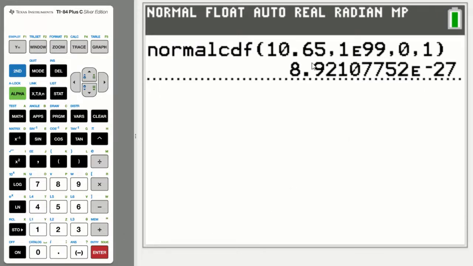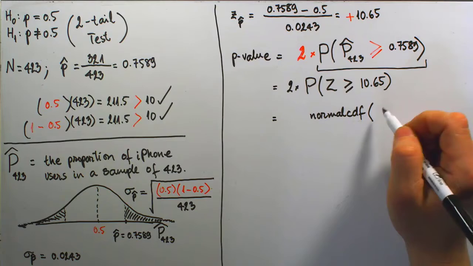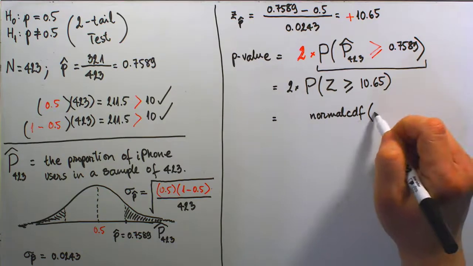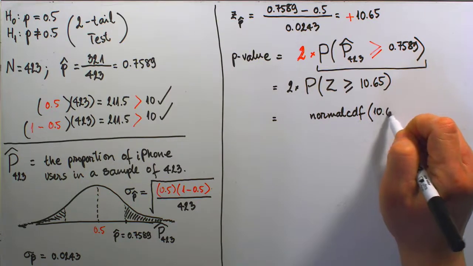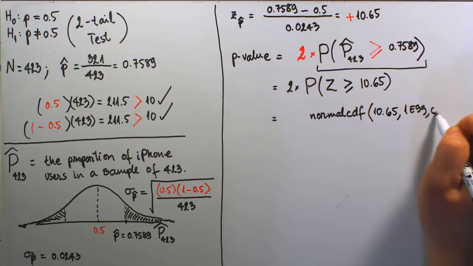The answer is now the p-value for us. This is the probability value. So on my board, I need to complete my command right here: 10.65, comma 1E99, comma 0, comma 1.